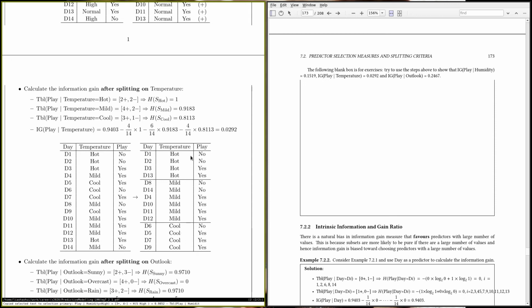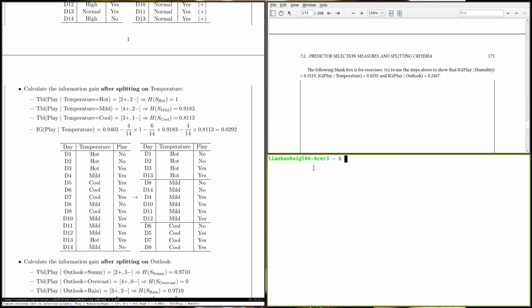And cold. Oh, there's one thing I probably need to mention here, so I need to start the R again. So the entropy is 1, minus, so it's 2 over 4 times log.